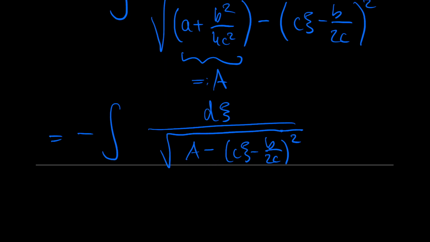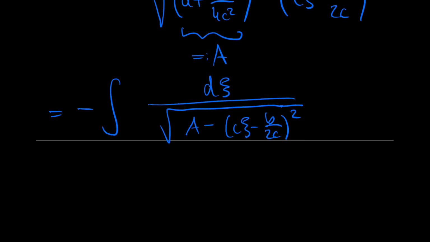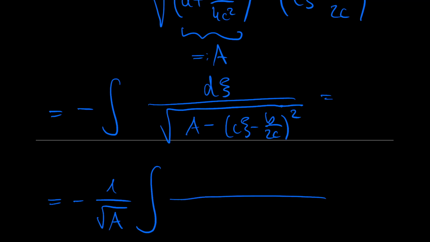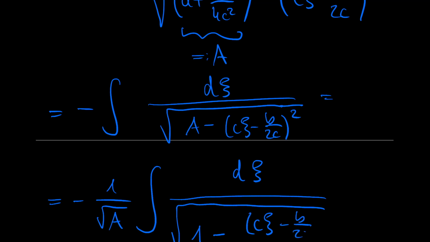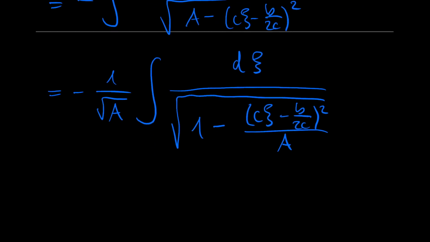So this here is equal to minus 1 over the square root of a times the integral of d psi divided by, and now since we extracted the square root of a, we have here a 1 minus c psi minus b divided by 2c, squared, divided by this a.